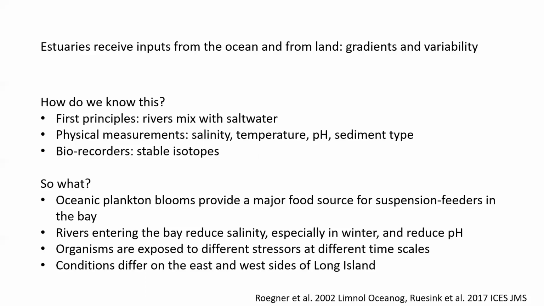So what? Well, I'm going to come back to this oceanic plankton bloom being the major source of food, but that would be one important source of food, especially at the north end of the bay. And then this whole set of conditions that organisms are exposed to, keep in mind in planning purposes that the bay is not a homogeneous entity.